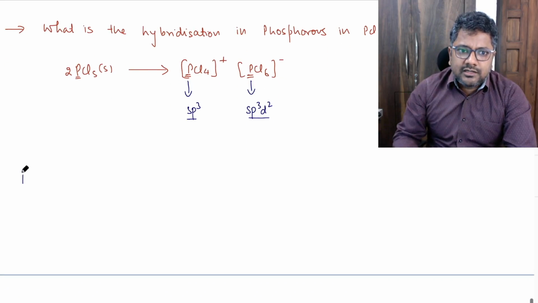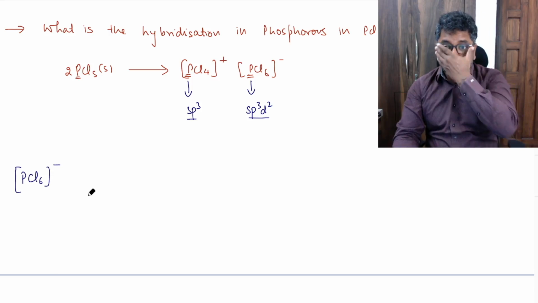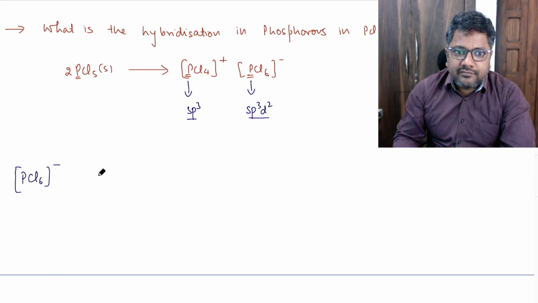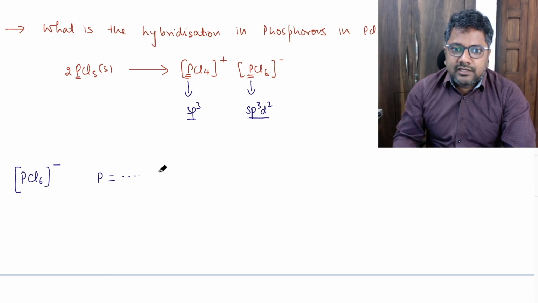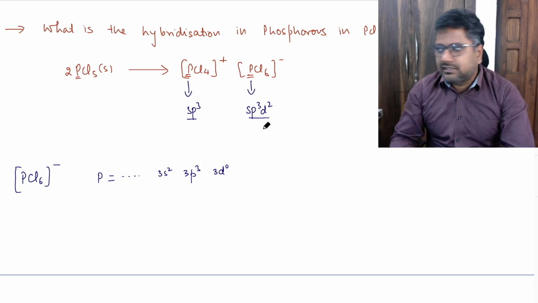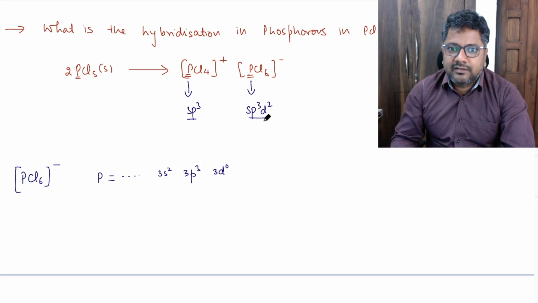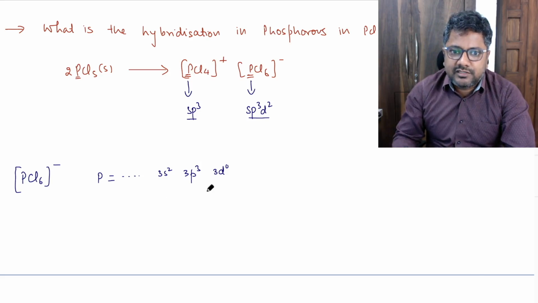So, sorry, PCl6 minus, because there is some point here that I must tell all of you. In PCl6 minus, what is the valence shell electronic configuration for phosphorus? So, you have 3s2, 3p3 and 3d0. So sp3d2, so 2 unpaired electrons should be there.